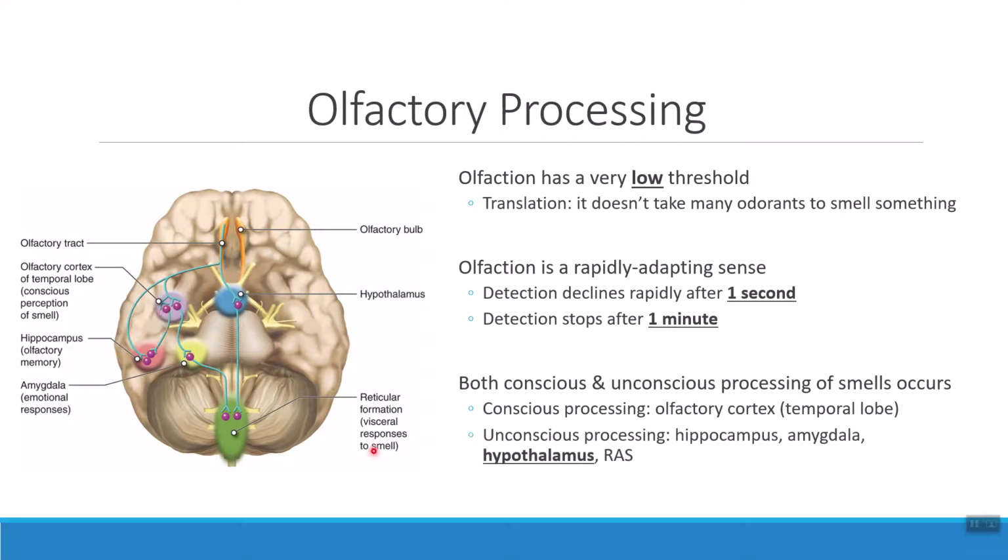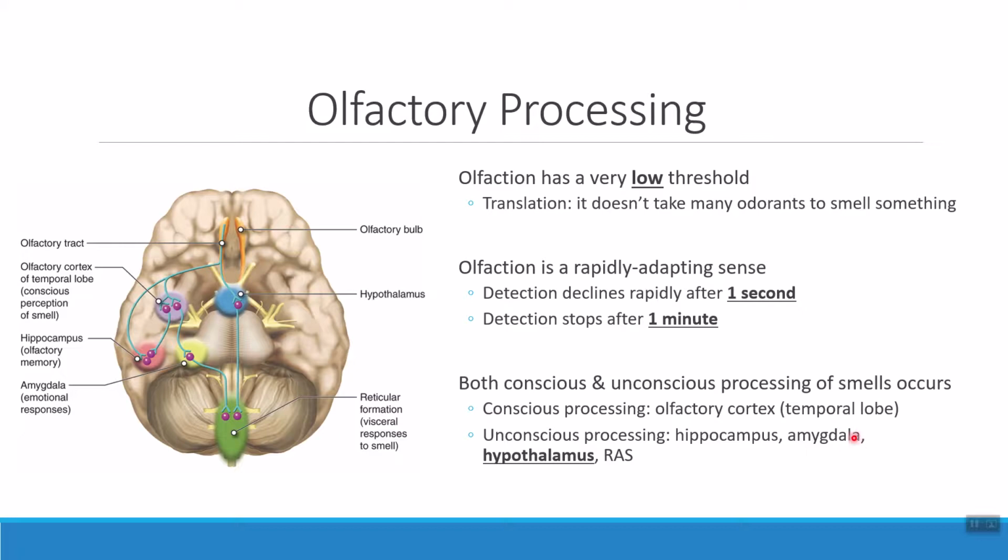But there's also a lot of unconscious processing that happens alongside the conscious processing. So smell information comes in, and initially it's going to go into the hypothalamus. And the hypothalamus helps to sort it to other parts of the brain as well. Places like the hippocampus, where we store memories about what we've smelled in the past.